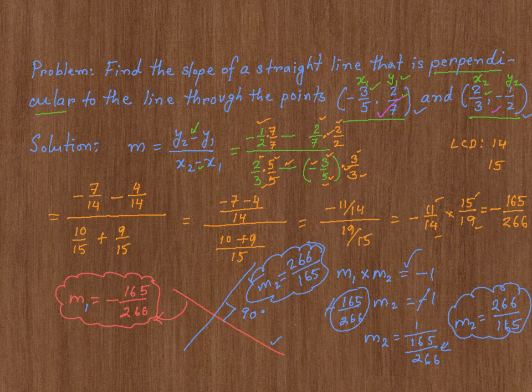So the reciprocal of negative 165/266 is going to be 1 over that number. Now negative reciprocal is going to be negative. Now this negative and negative is going to cancel out, and 1 over 165 divided by 266 is going to give you exactly 266 over 165.